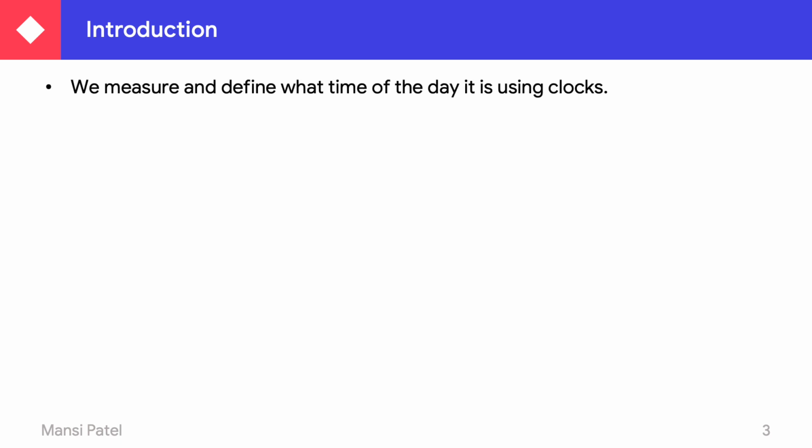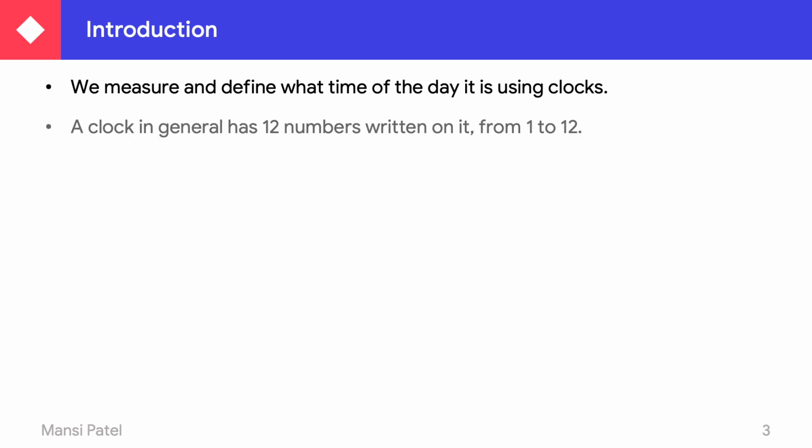We measure and define the time of the day using a clock. If we want to tell what the time is, then we have to see the clock. So by the clock, we know what the time is, and we can measure it also.